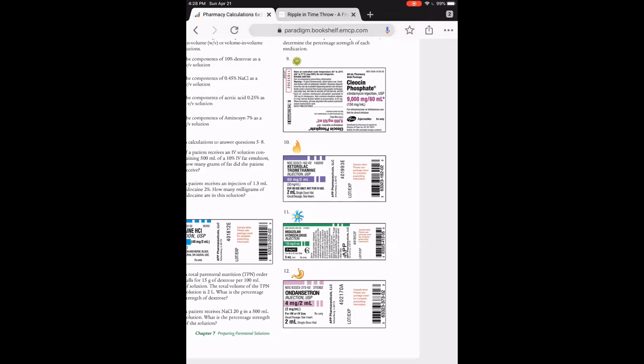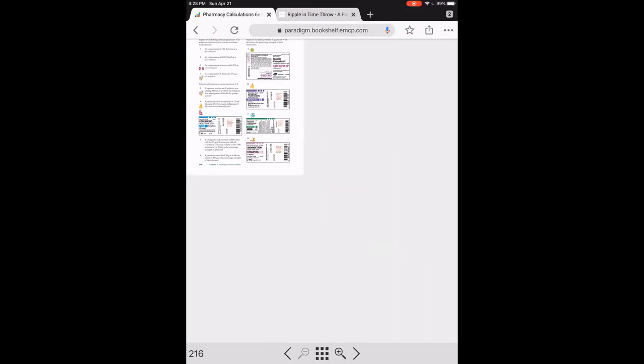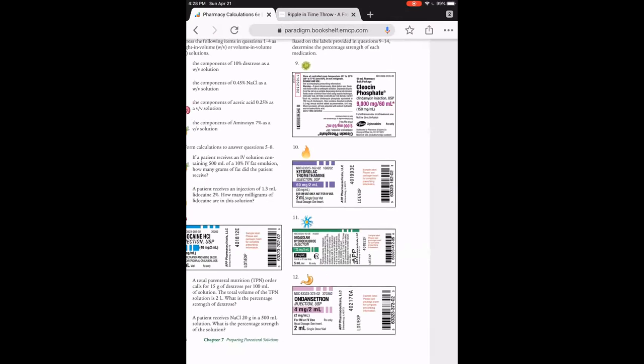Okay, so looking at the book, looking at problem 9, I hate when this thing jumps. It says, based on the label provided in questions 9 through 14, determine the percent strength of each medication.